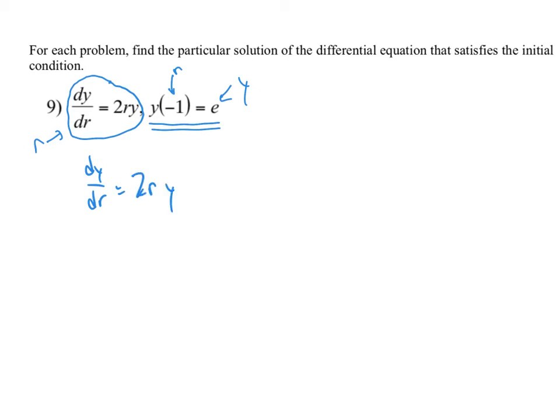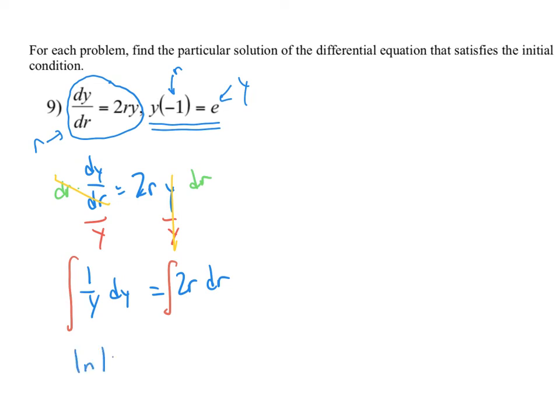I can divide both sides by y to separate this and multiply by dr. And remember, the y's are going to cancel and the dr's are going to cancel and end up with 1 over y dy equals 2r dr. Once you get the terms separated, you're going to do an integral on both sides.